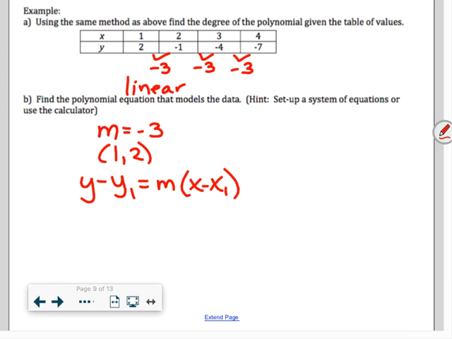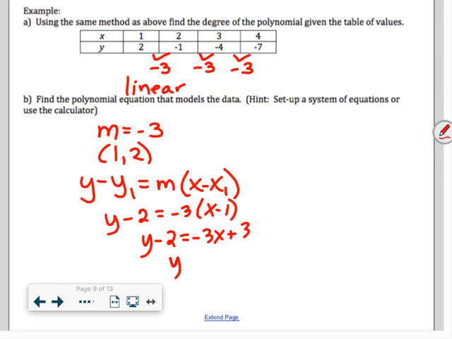So remember, again, the common difference on a linear is the slope. And we did that with arithmetic, right? This is a nice connection to arithmetic. That's why this is in this chapter. So this is y minus 2 equals negative 3 times x minus 1. And then I add 2.